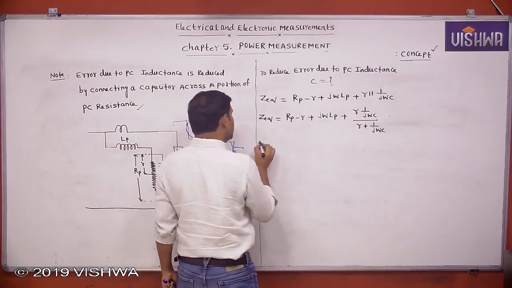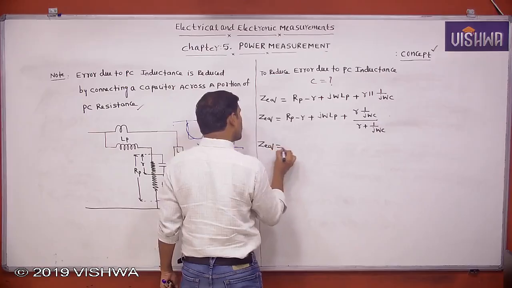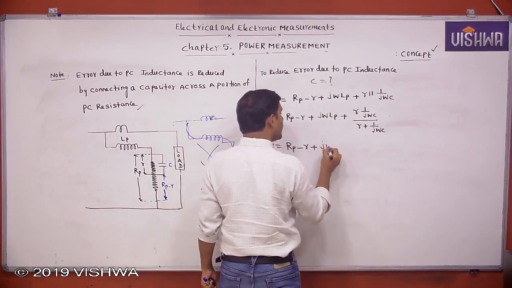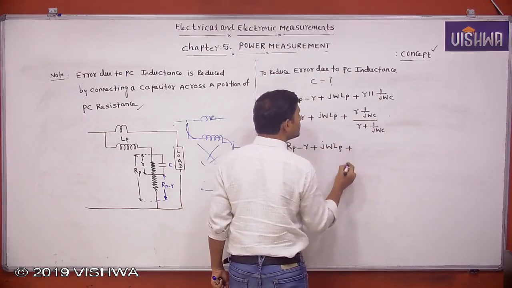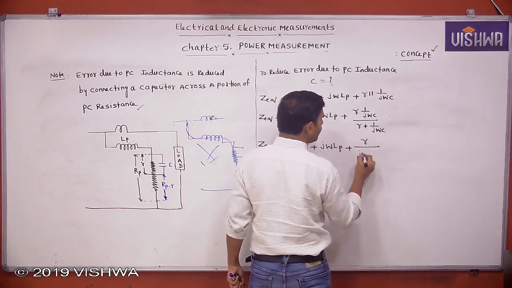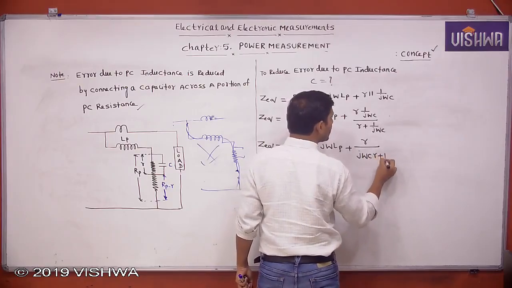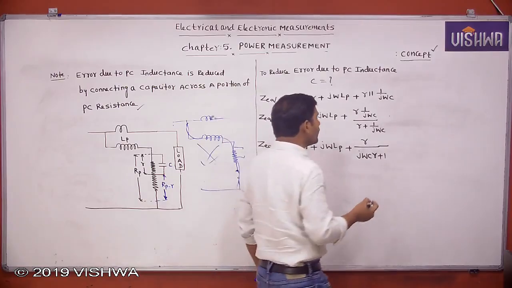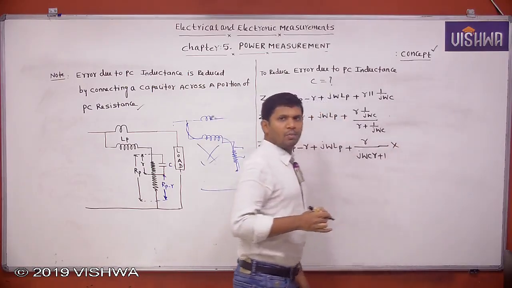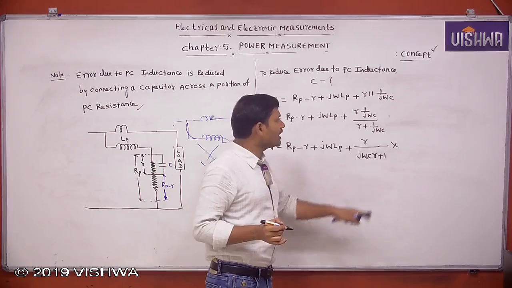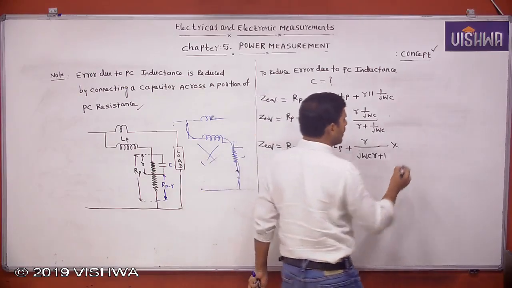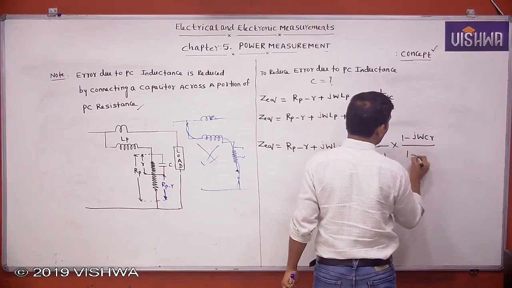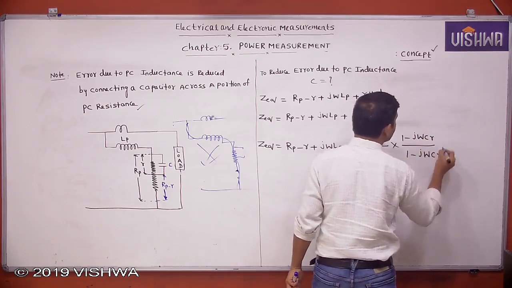Then Z equivalent equals Rp minus R plus j omega Lp plus R by j omega C into R plus 1. To simplify this, multiply and divide by the complex conjugate. What is the complex conjugate? 1 minus j omega C R, that is, 1 minus j omega C R by 1 minus j omega C R.